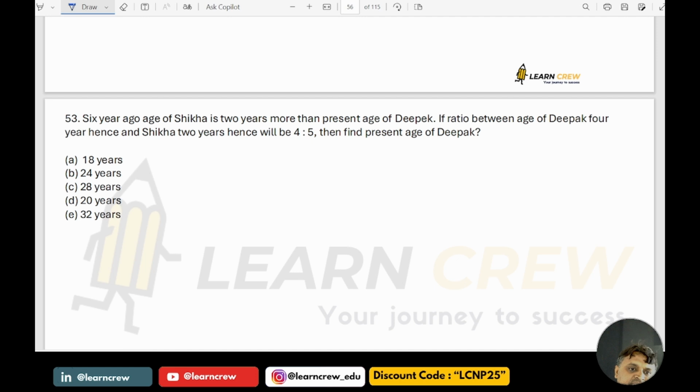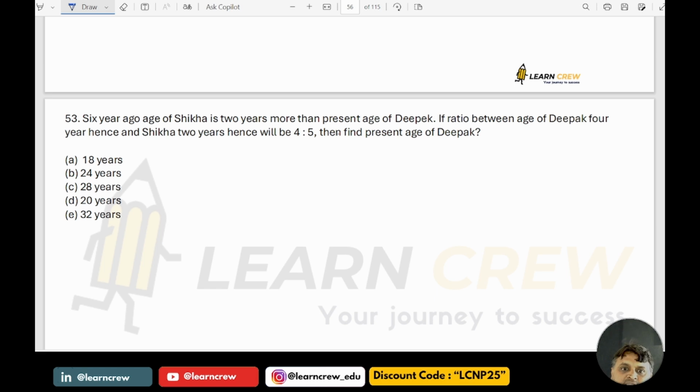Next. 6 years ago, Shika was 2 years more than the present age of Deepak. If the ratio between the age of Deepak 4 years hence and Shika 2 years hence will be 4:5, then find the present age of Deepak.